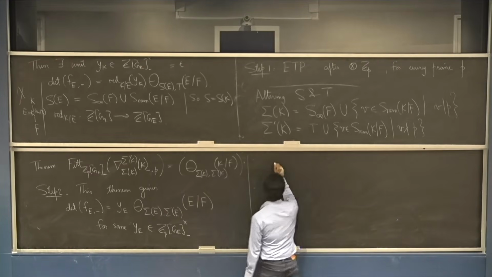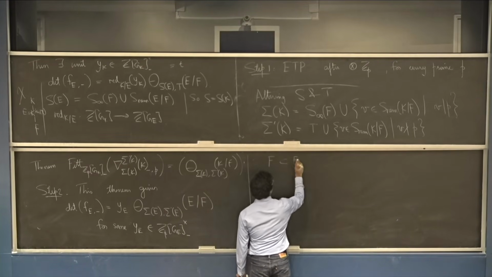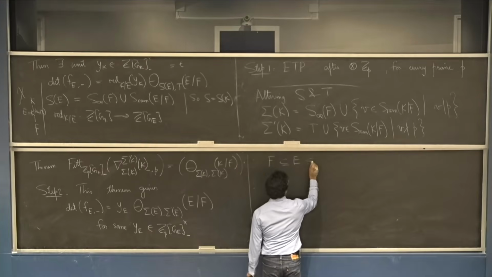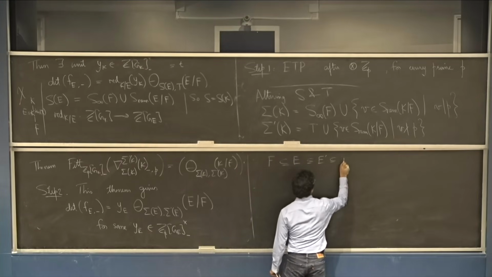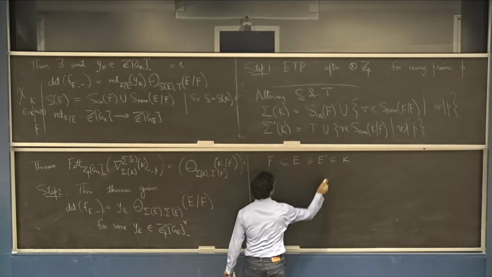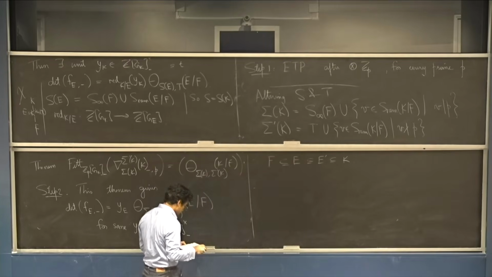I have my F, and then I have my E, and I have my E prime and K. Both E and E prime are CM fields.